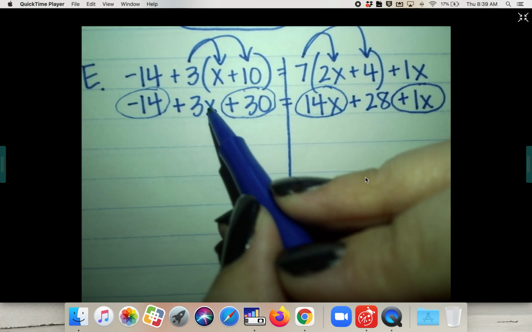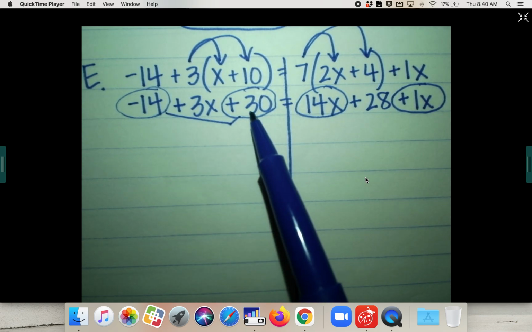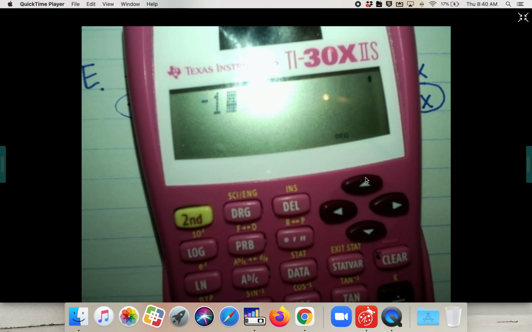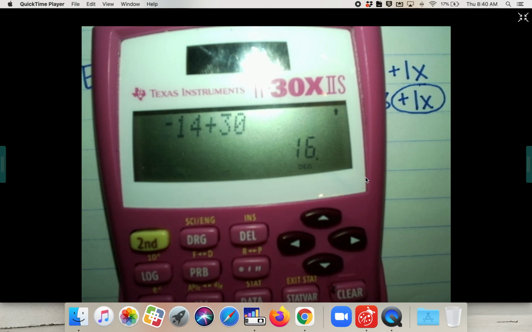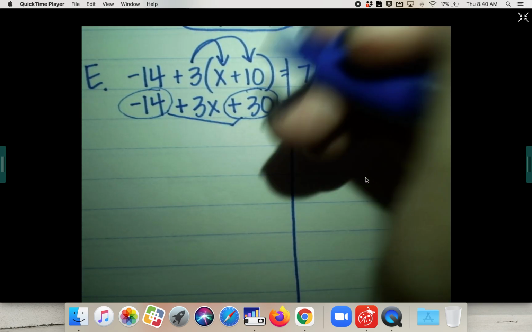So what do I want to do? I want to do negative 14 plus 30. Anyone know what negative 14 plus 30 is? So 16. If you're negative 14 in your lunch account and you go put in $30, you're going to be positive 16 now. So it's going to be 16.